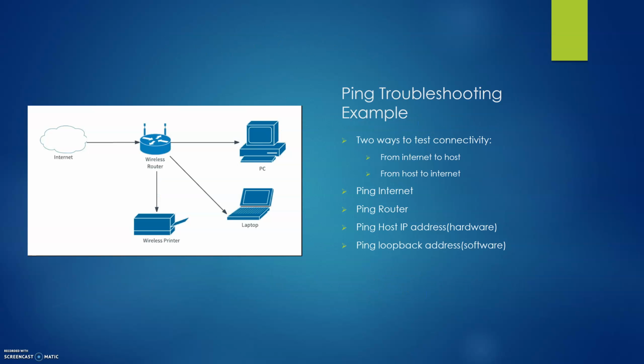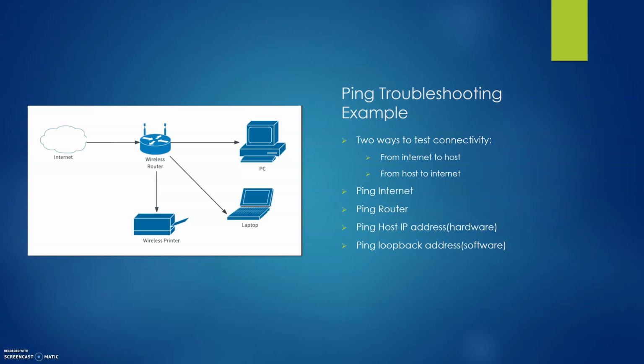And an example of how ping is used for connectivity: say you have a problem, you can't reach the internet or something. You can just ping the internet and see if you have connectivity. And there's actually 2 ways to do this. You can do it from the internet to the host or from the host to the internet.